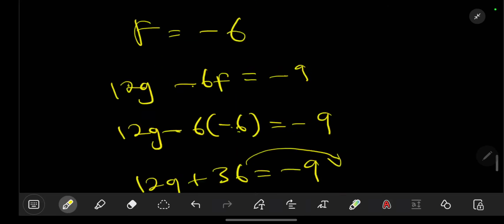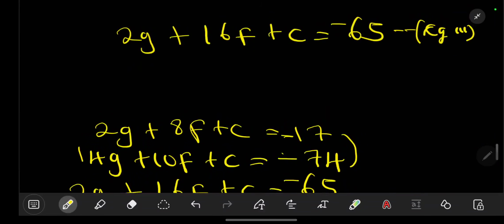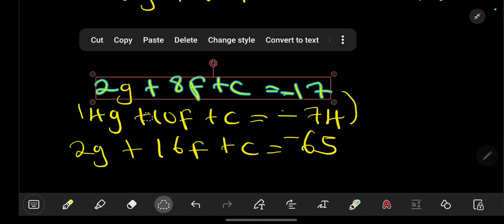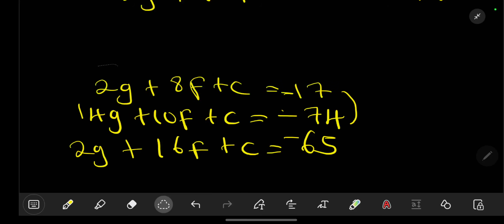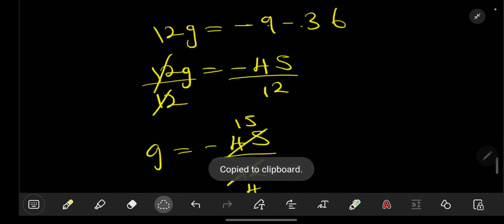Then finally, to find the value of c, we can take any of the three equations, whichever you choose. Let me choose one with smaller values. Whichever equation you choose, it will still give you the answer. So let's take this equation.